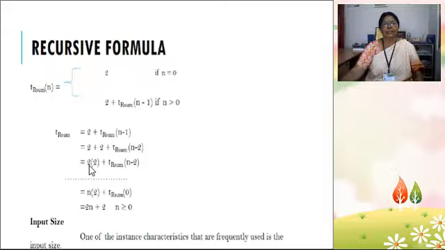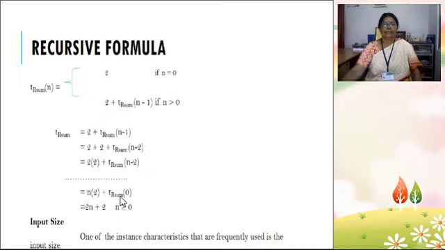So now it is 2 times 2 plus T_RSum of n minus 2. Likewise, if this recursion is called n times, then it will be n times 2 plus recursive sum of 0. Why 0? Because it will be n minus n, that becomes 0. When the recursive algorithm is called n times, finally the value will be 0.